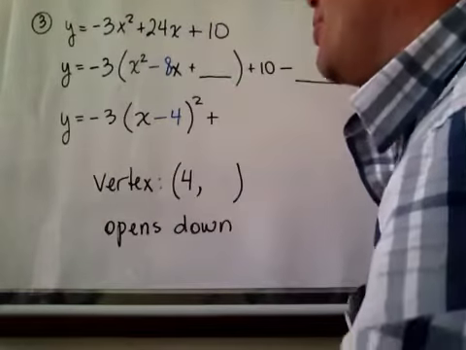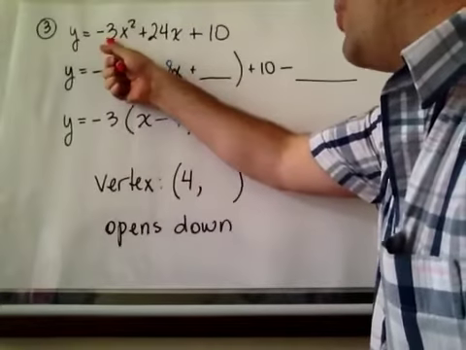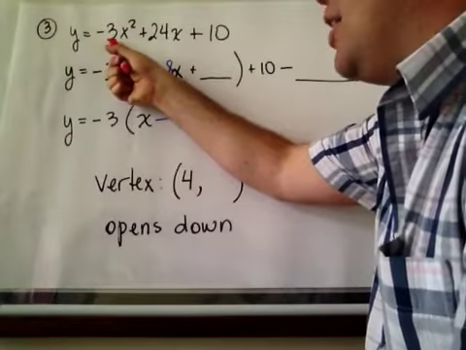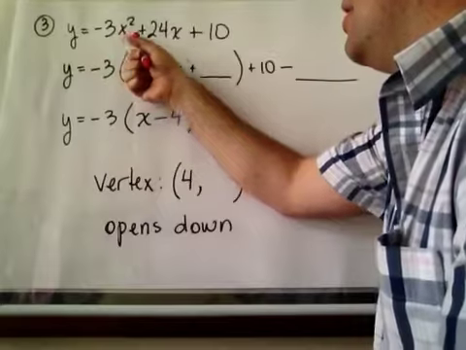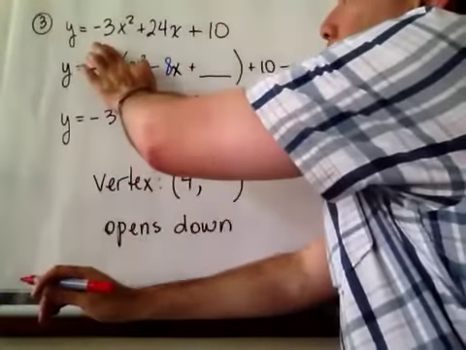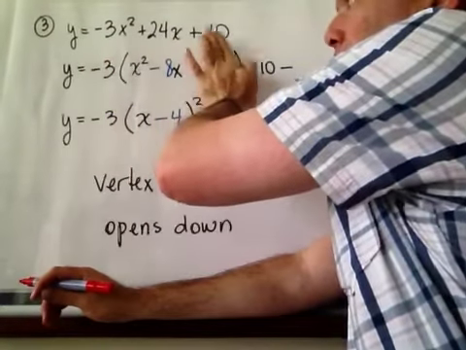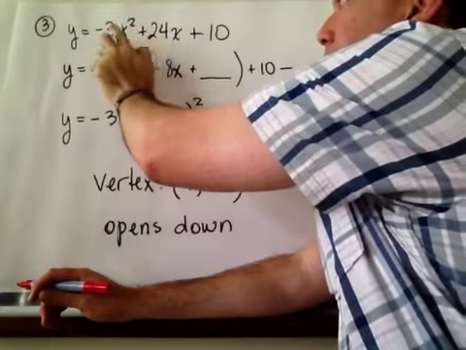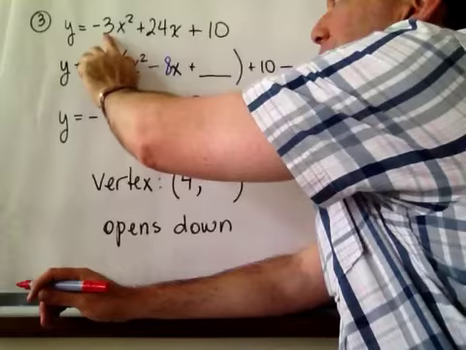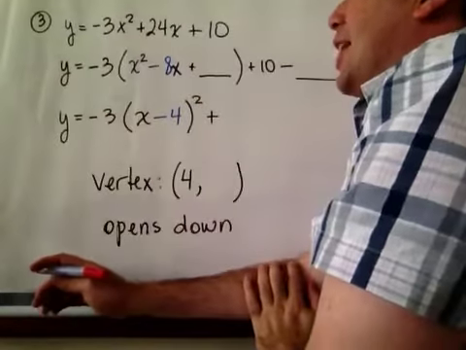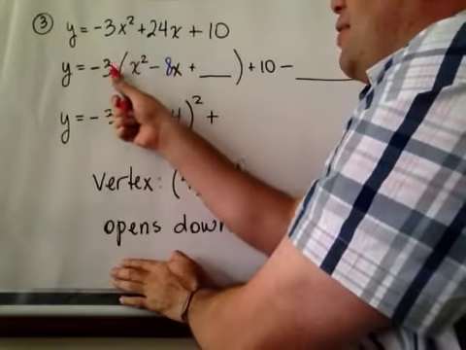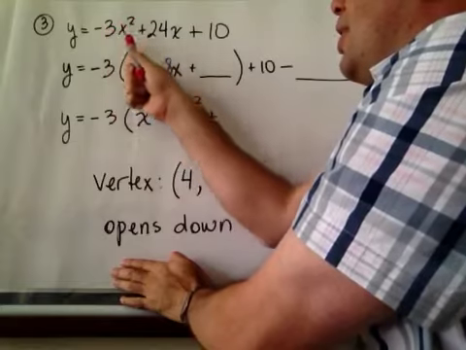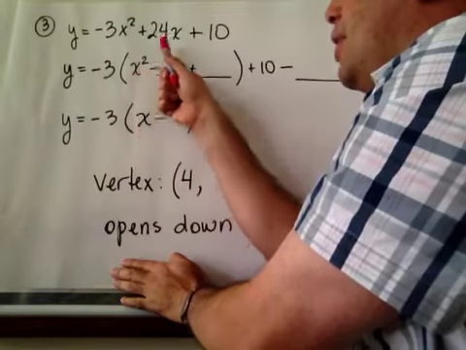Two more examples. Now we will have a negative 3 as the value of a, not 1. So we still separate it. We just need these two to complete the square. But we need a 1 here. So we take out as a common factor a negative 3. Negative 3x squared divided by negative 3 is x squared.